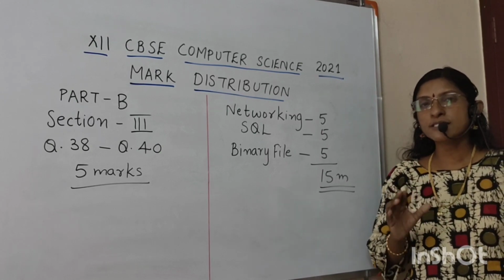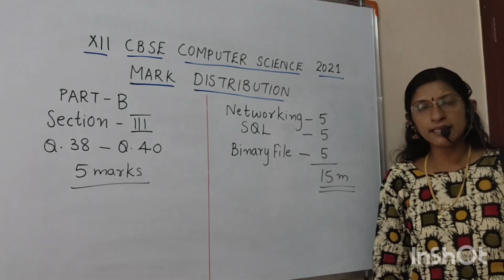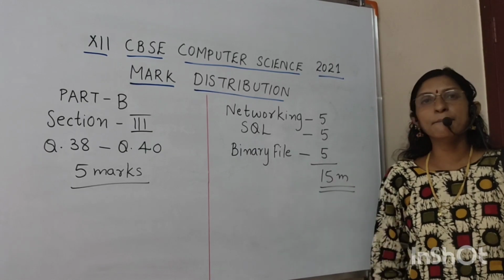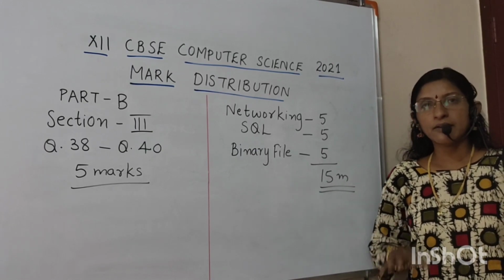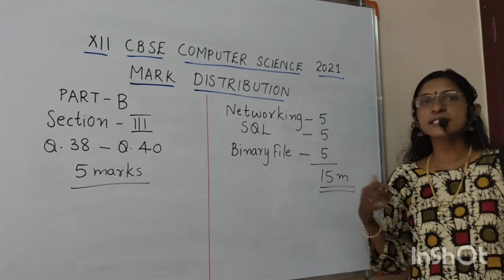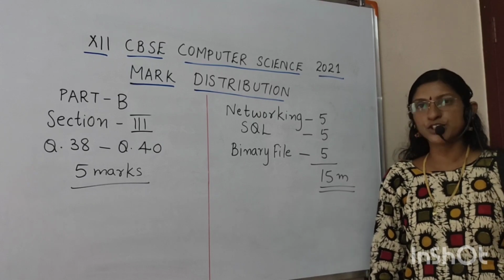So all the concepts of networking should be thorough. Then from SQL again, an output based question will come for 5 marks. Then a binary file program: they will ask you to write binary file program code, which also carries 5 marks. So total 15 marks in the last section.